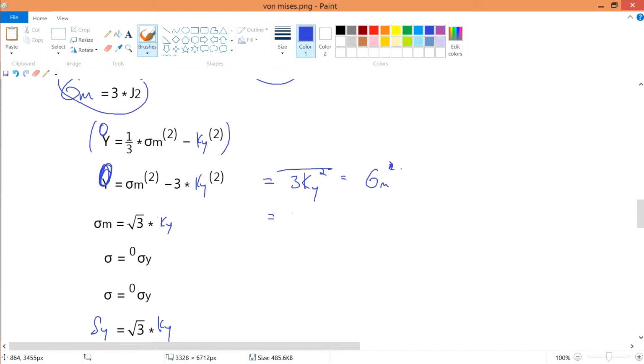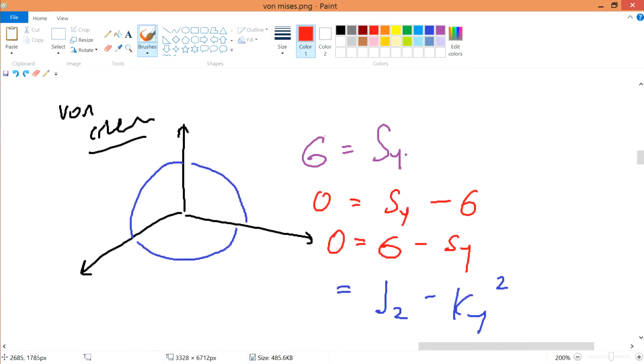So what I will have is equal to square root 3 times ky. So this square has been removed while the 3 is being square rooted. So your sigma m is equal to this one, and therefore it's the same thing as what is written over here. Since we know that any stress which is equal to your yield strength is the beginning of yielding, at this point you're starting to yield, but haven't yielded yet.